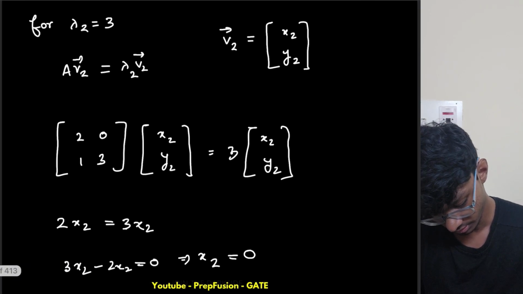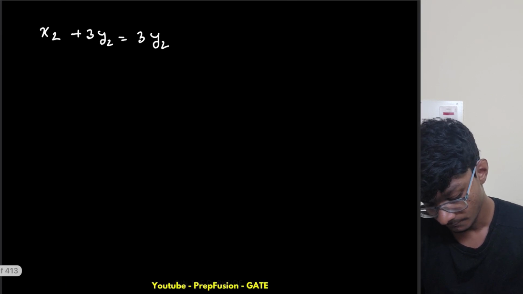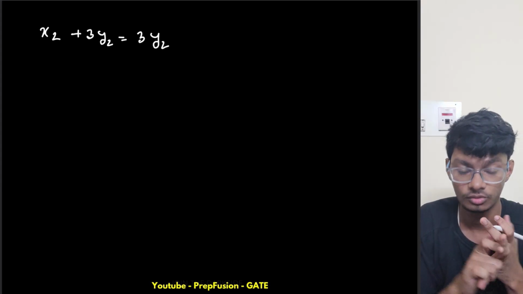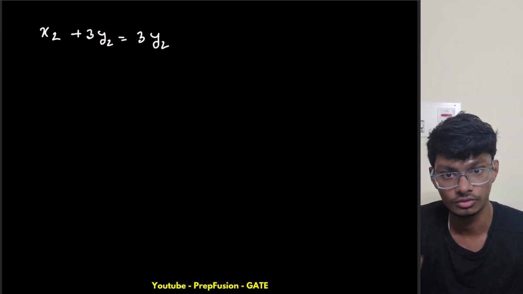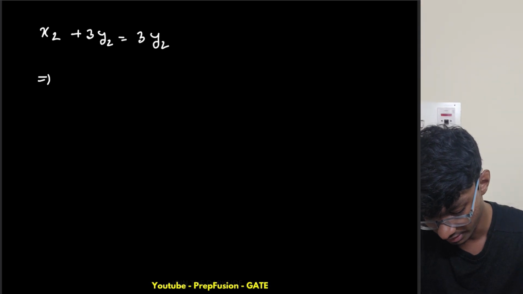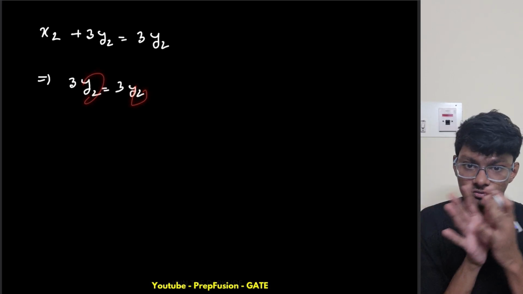Okay, let me check here. This is 3y2. Yeah, so here what is happening is y2 can again take any value, because for any value of y2 this equation is always satisfied since x2 is 0. So again I can write this as 3y2 equals 3y2. So for any value of y2, this equation will always be satisfied.